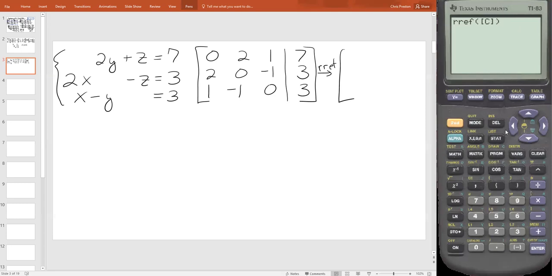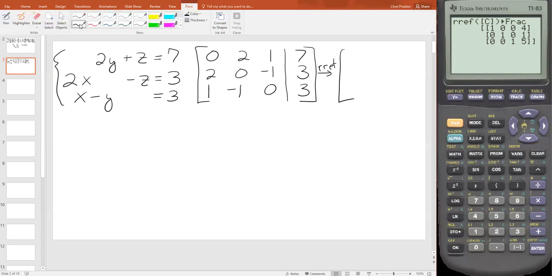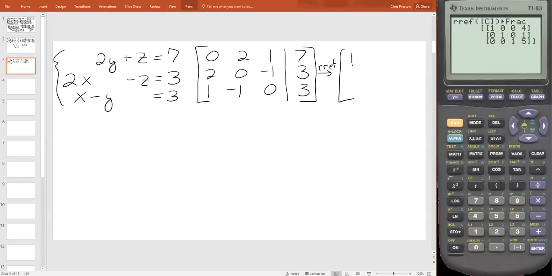I'm going to close it. Maybe I'll get fractions, maybe I won't. Just to be safe, I'm going to go ahead and hit my math button, change to a fraction. So if there's any fractions in there, it's going to give it to me. And there you go. All right, so no fractions. So I'm going to write down on my homework, what did I get here as an answer?